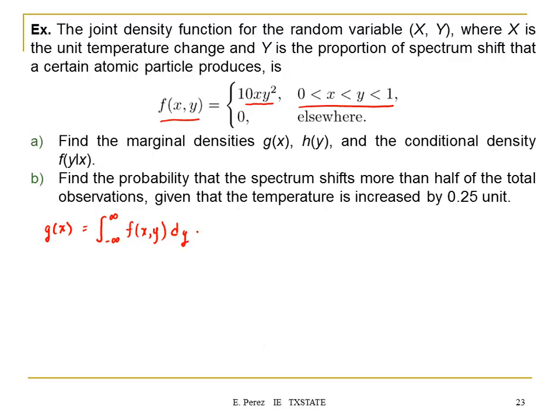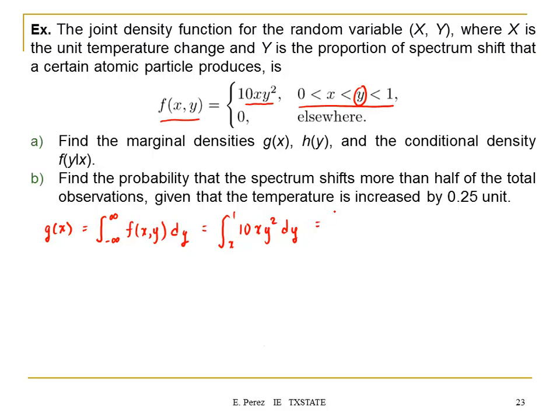Y. So our limits are going with respect to y. We know that y goes from x to 1. And our joint density function is 10xy squared, with respect to y.